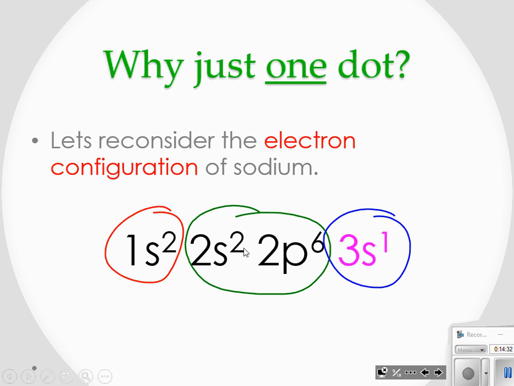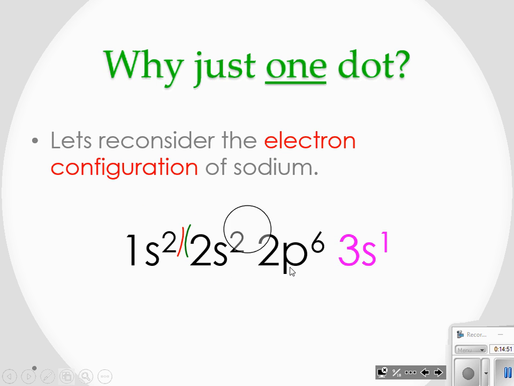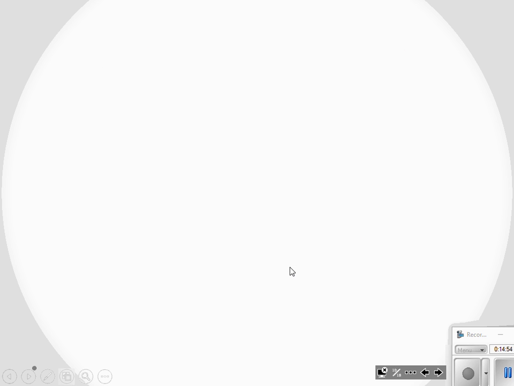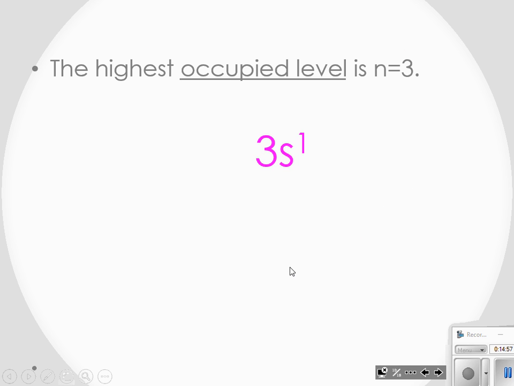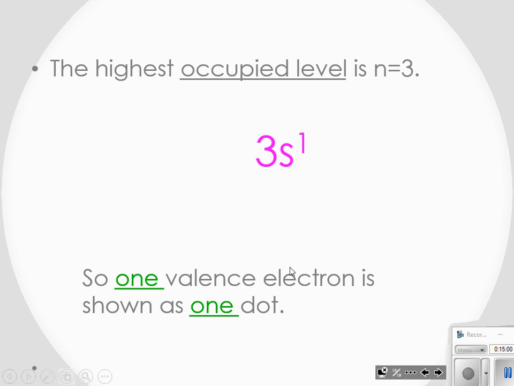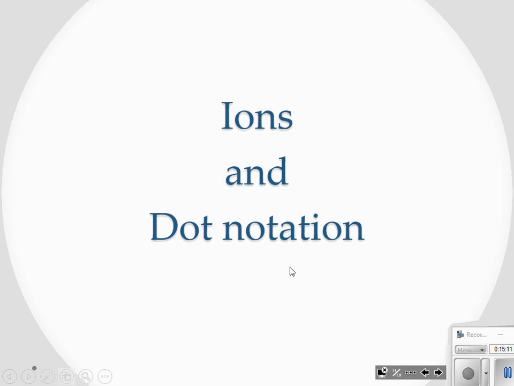So these 10 electrons are not represented by any dots. Are they still there? Yes, because they're part of sodium. It's just we don't represent them by dots. The highest occupied energy level is 3. So 3s1 represents 1 valence electron, so we have 1 dot.